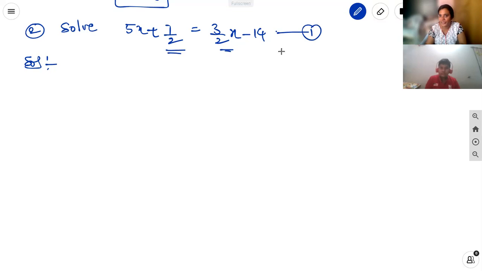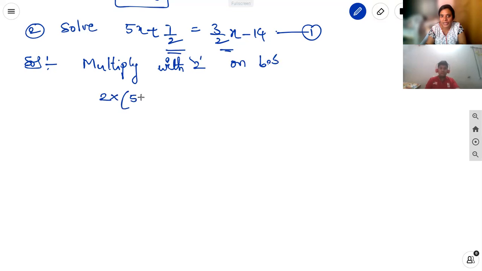The given equation is equation 1. Multiply the above equation by 2 on both sides. So 2 into 5x plus 7 by 2 equal to 2 into 3 by 2 x minus 14.